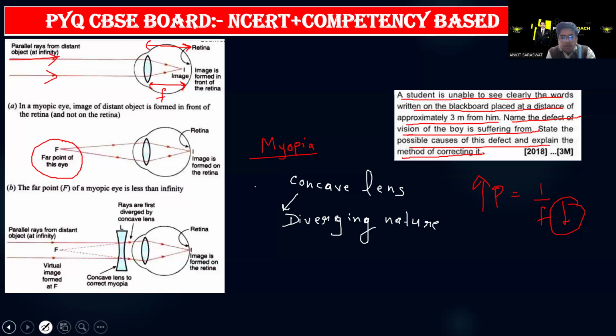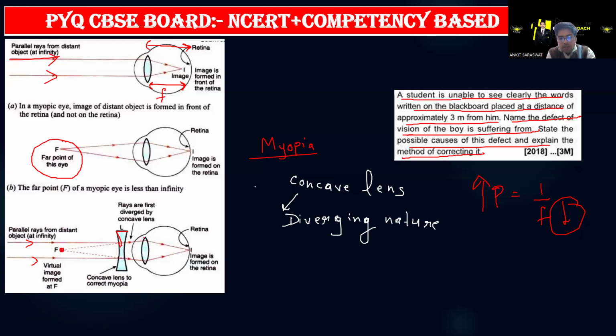So when you put a concave lens in front of the convex lens, what is going to happen? Just look at this. Light is coming from the far object. So this concave lens is forming a virtual image at its far point.